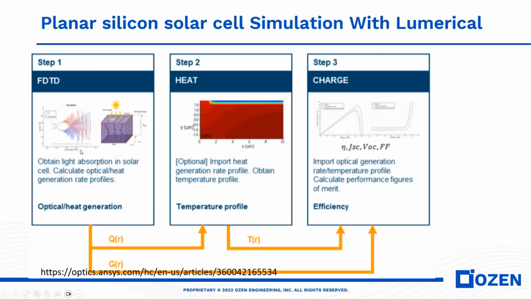So this is the workflow. The optical and heat generation goes to the heat part, and then we generate a temperature. So the input of charge is the temperature from the heat and the generation rate from the FDTD. So let's go and see the demo.